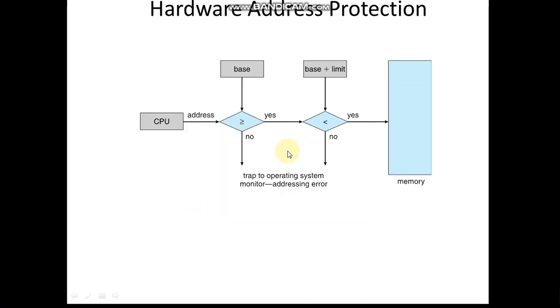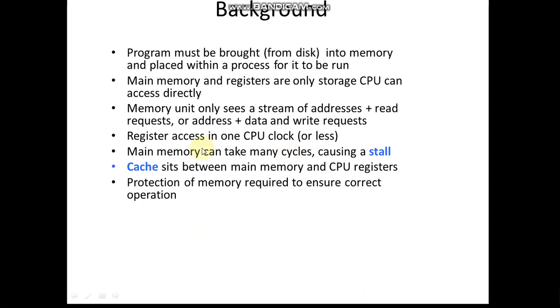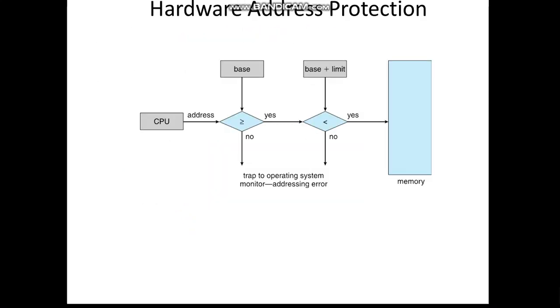As I said in the first slide, protection of memory is required to ensure correct operation. This is how the hardware protects main memory access, what we call hardware address protection. The CPU generated address, we call it a logical address. This logical address is compared with the base address.